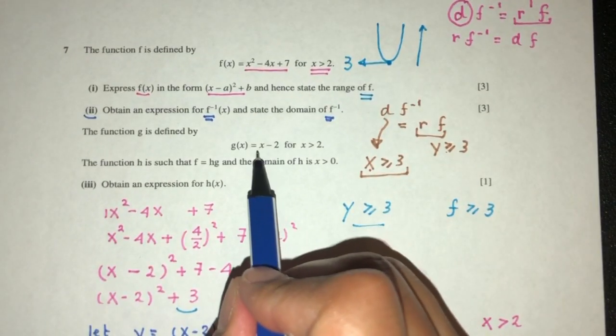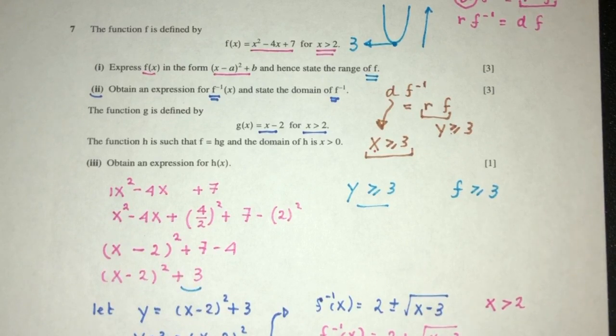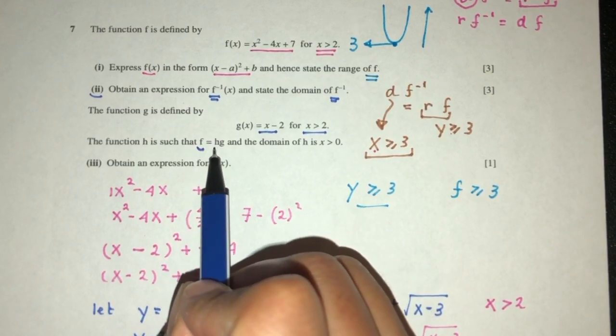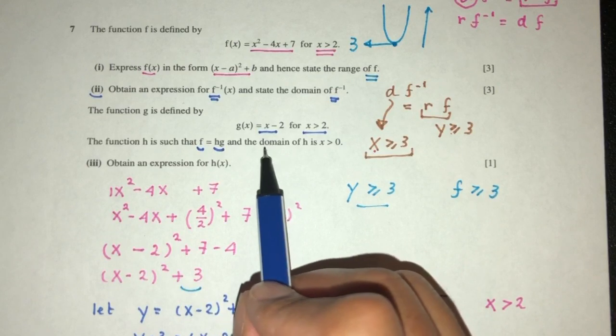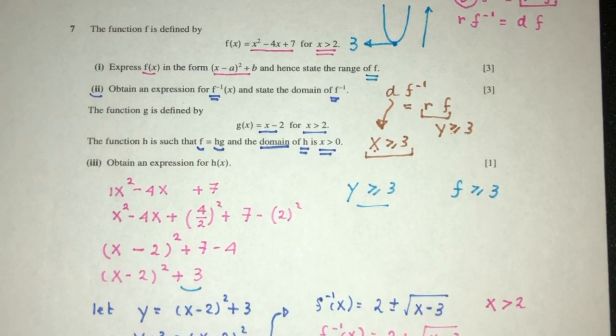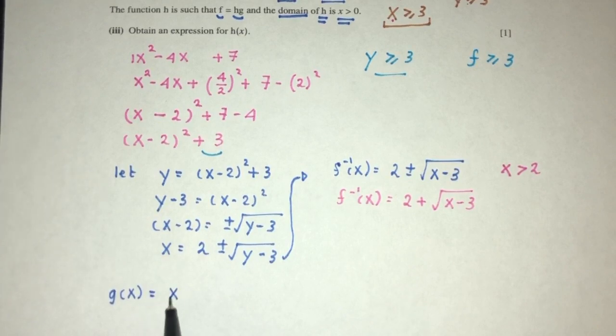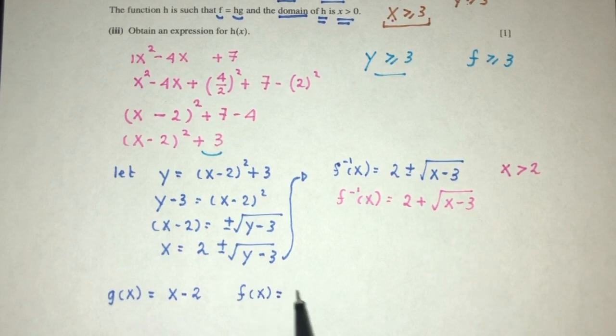Now, g is given by this. It is a straight line, x is more than 2, okay? Now, the function h is such that f equals h of g, and the domain of h is x is more than 0, okay? So let me write this down. At first we have g of x was found to be x minus 2, right? Now f of x is equal to x squared minus 4x plus 7.